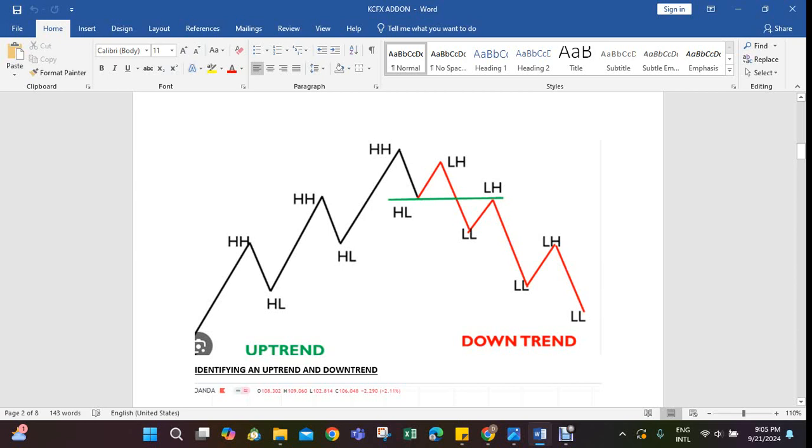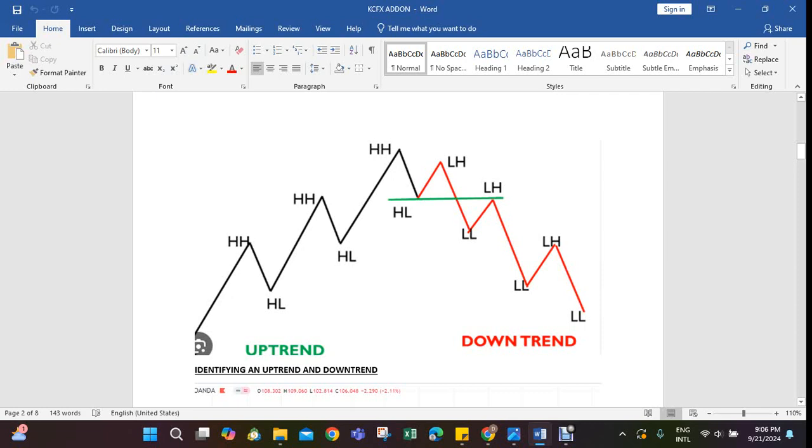Anytime you have a lower high, lower low, lower high, lower low situation, the market is in a downtrend. The market is falling, like in a selling pattern to the downside, while higher high, higher low is the upside, the buying.